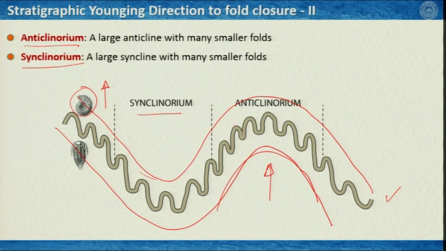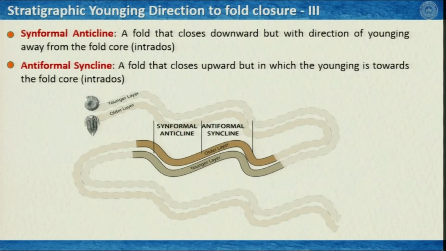So this is an anticlinorium, as it consists of many smaller folds. So we learned syncline, anticline, and now we learned anticlinorium and synclinorium. The picture becomes a little complicated when this stratigraphic younging direction reverses, and we will see this in the next slide.